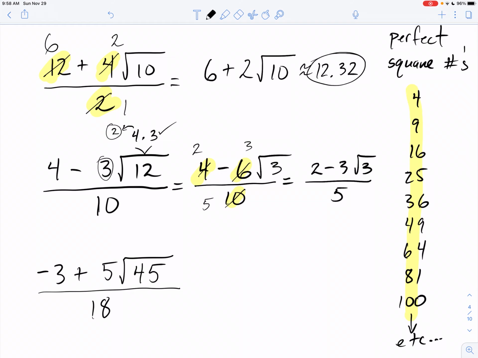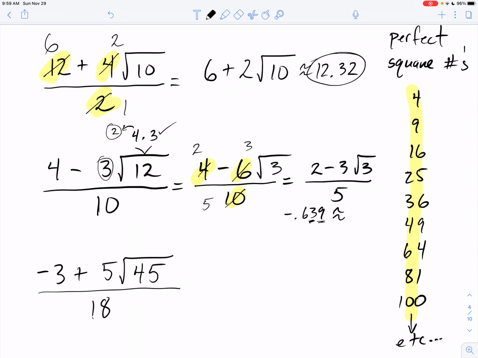Now I'm going to punch that into my calculator. 2 minus 3 root 3, you didn't see that because it's on my calculator. So 2 minus 3 root 3 equals some ugly negative number, but then I'm going to divide it by 5, and this time my answer turned out to be negative 0.639 blah, blah, blah, but all I care about is this guy right here is going to make this guy right here round up 1.